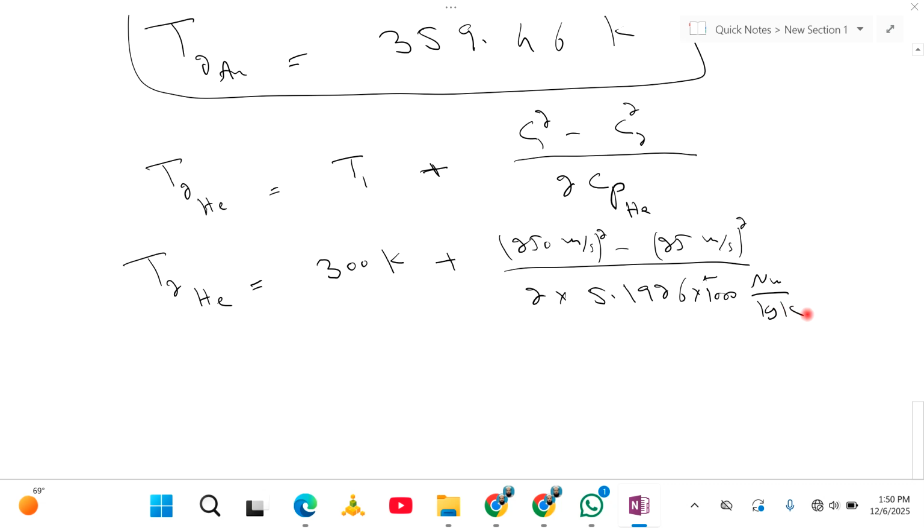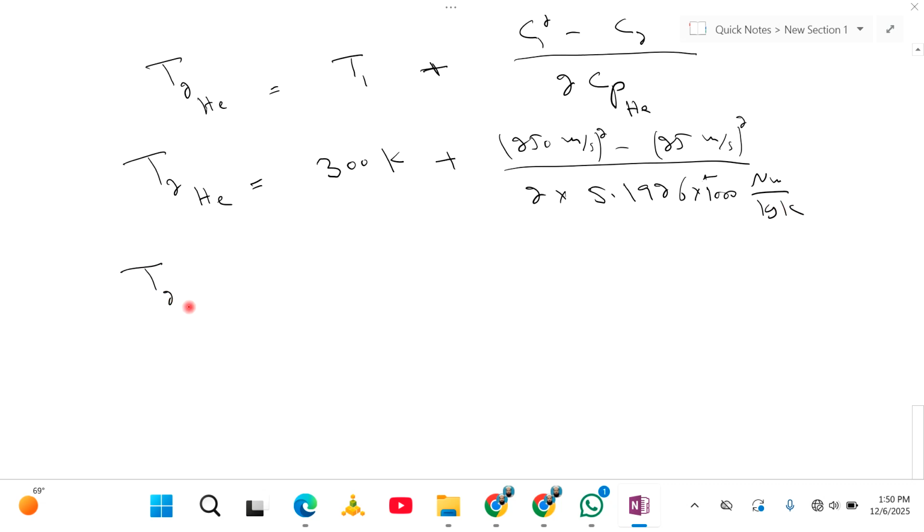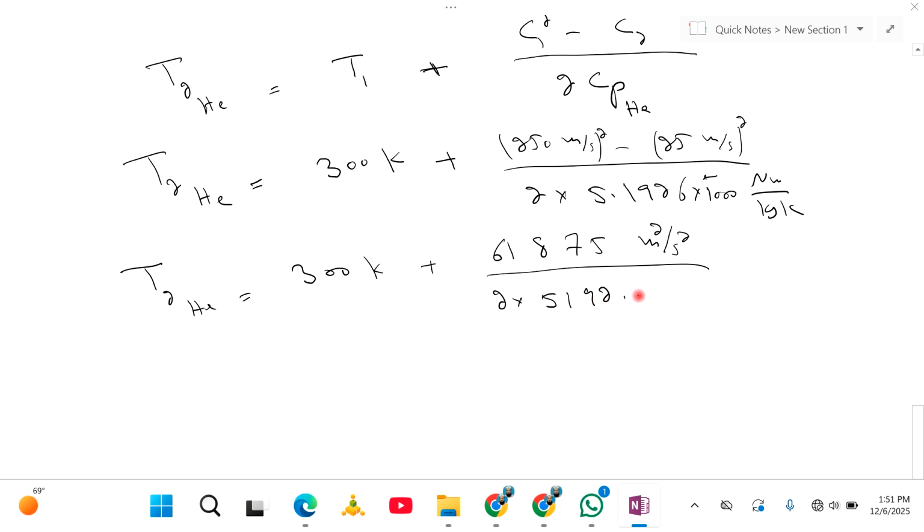So T2 for helium is equal to 300 Kelvin plus 61875 meter square per second square divided by 2 multiplied by 5.1926 multiplied by 1000, which is 5192.6.